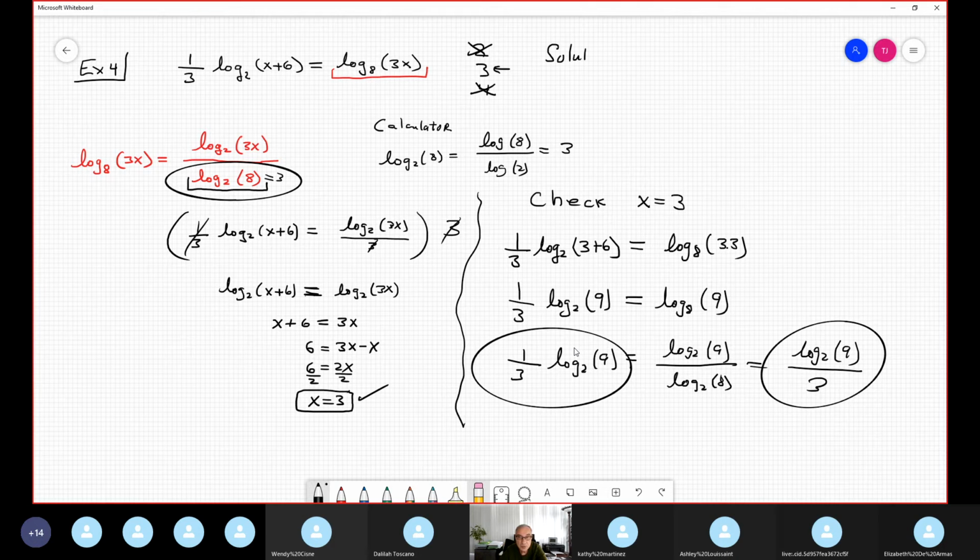Solution is 3. But do you understand that the checking part is mandatory? The reason is clear, because the logarithmic function is not nice like the exponential function. The logarithmic function is picky and does not accept all real numbers, it accepts only some numbers.